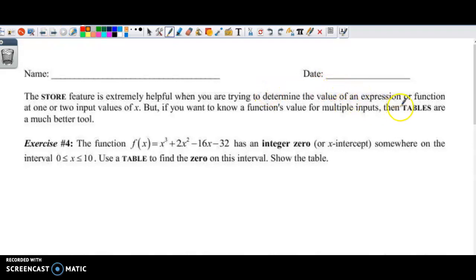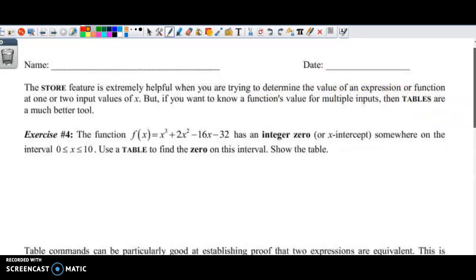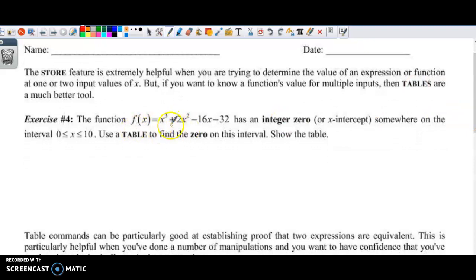And then we can also use tables in our problem, especially when we get to very, very difficult problems. And we're going to use a table feature of a graphing calculator to find that 0. And by the way, we call things zeros when the result is equal to 0. So what I'm going to do is go to y equals and type this in.